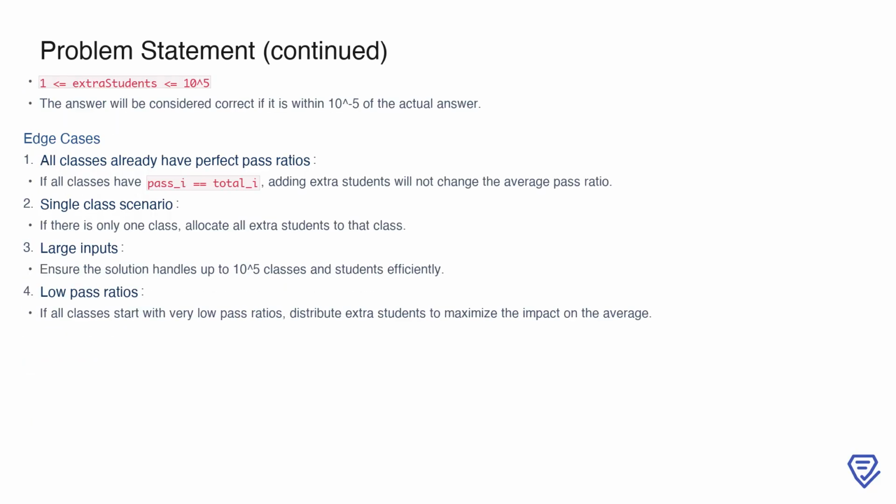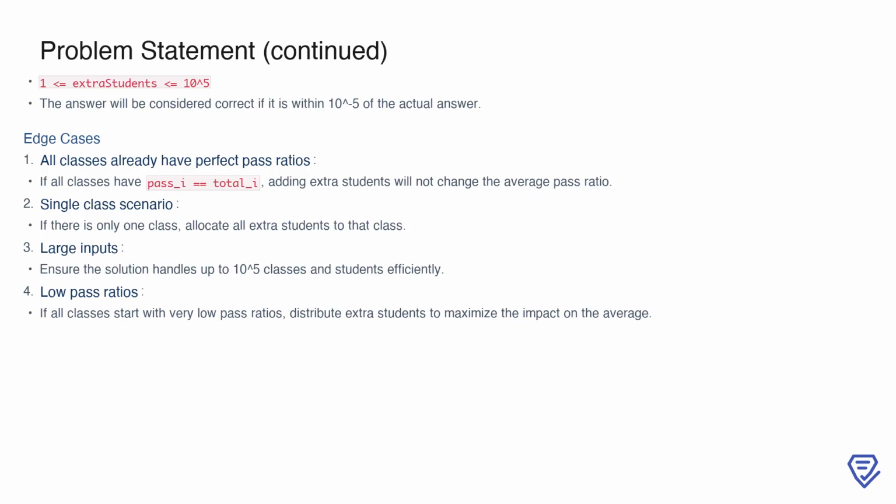To summarize, the constraints for this problem ensure that the input sizes can be large, with up to 100,000 classes and students. The value of extraStudents can also go up to 100,000. The solution must be efficient enough to handle these large inputs while ensuring the result is accurate within 10 to the power of -5. There are also a few notable edge cases to consider.